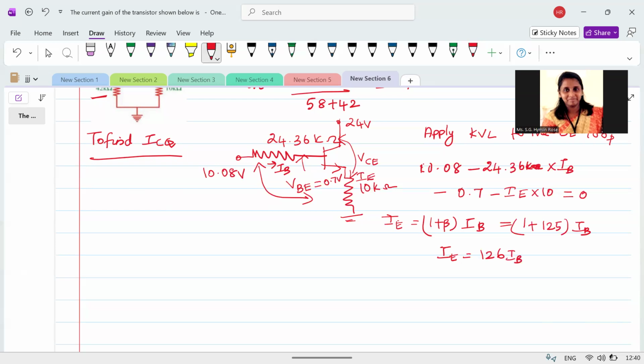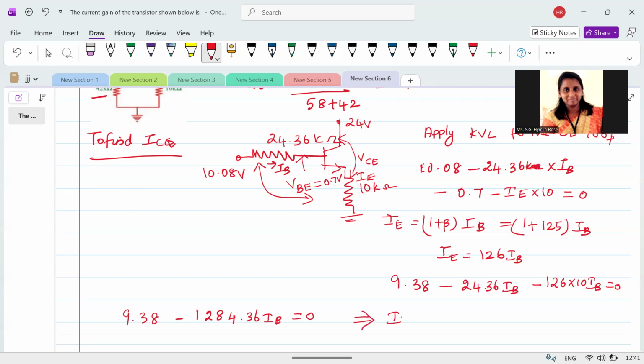So it is 10.08 minus 0.7, which becomes 9.38, minus 24.36 IB, minus 126 into 10 IB, equal to 0. So you will be getting 1284.36 IB, minus 9.38, equal to 0.